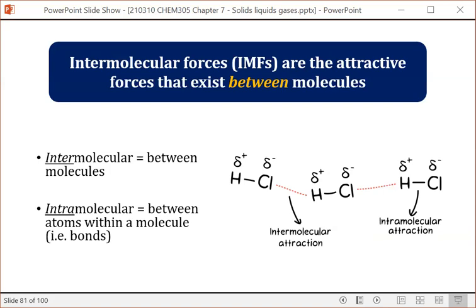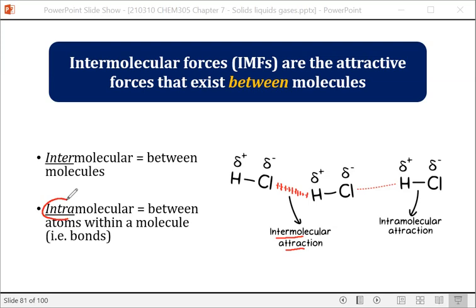So IMFs, or intermolecular forces, are the attractive forces that exist between molecules. So intermolecular means between molecules, and so it's how whole molecules are attracted to each other. So here, between HCl, we have an intermolecular force, or an intermolecular attraction between the chlorine on one molecule and the hydrogen on an adjacent molecule.